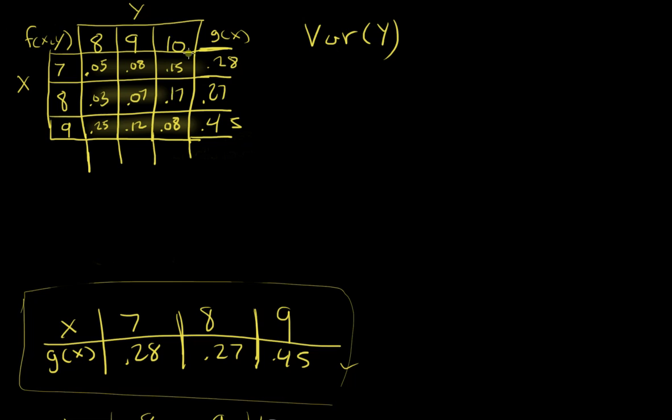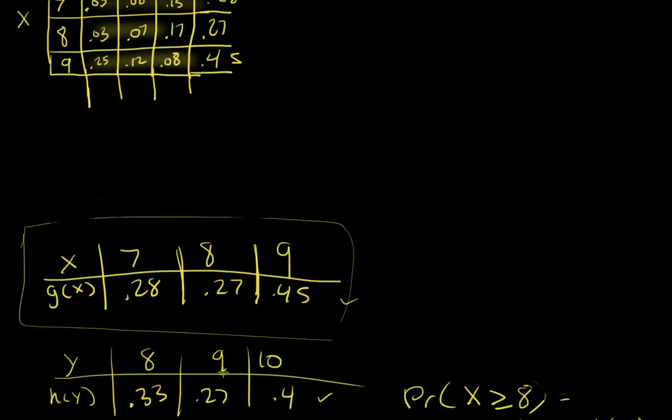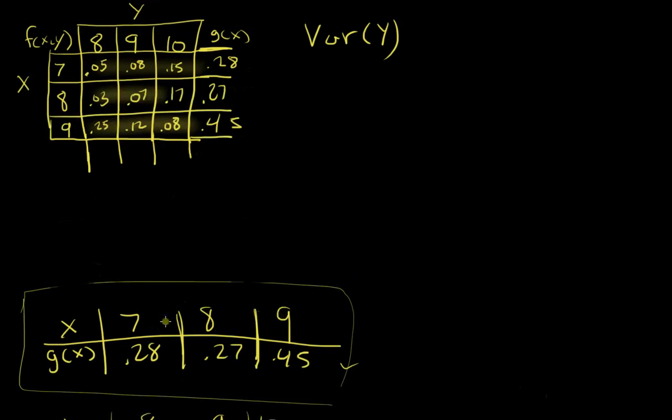Then you should be able to find it using the marginal of y. If I give you just a PDF of one random variable, then you'll use that PDF to find the variance of whatever random variable you have.